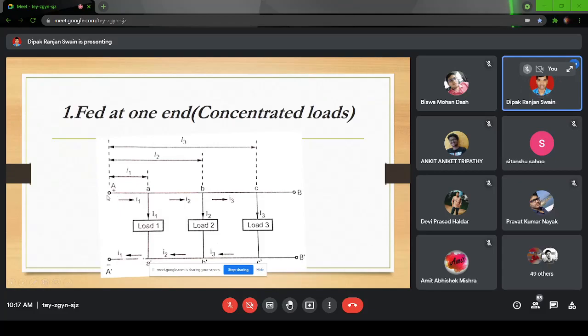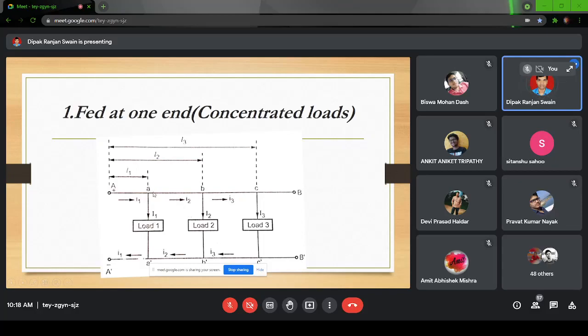Let us say you have tuned your transformer to have a voltage of an intermediate value between load 1 and load 3. To compensate for the voltage drop, instead of 230 I have maintained a voltage of 240 here, so that this will be 235, this will be 230, like that. I am just giving an example. But if by some means there is a disconnection here or here, what will happen?